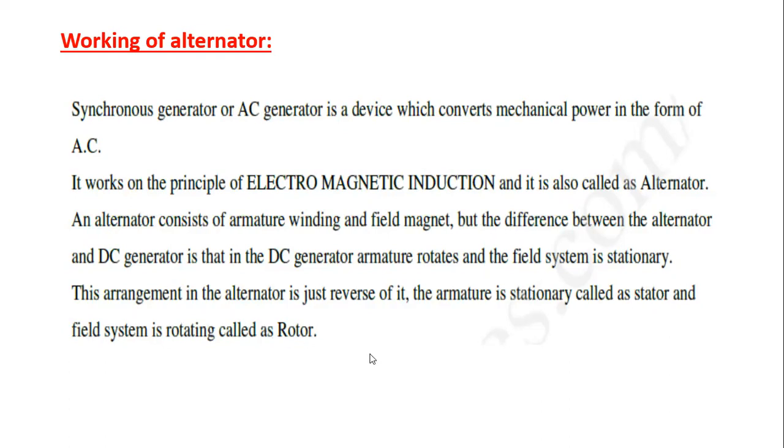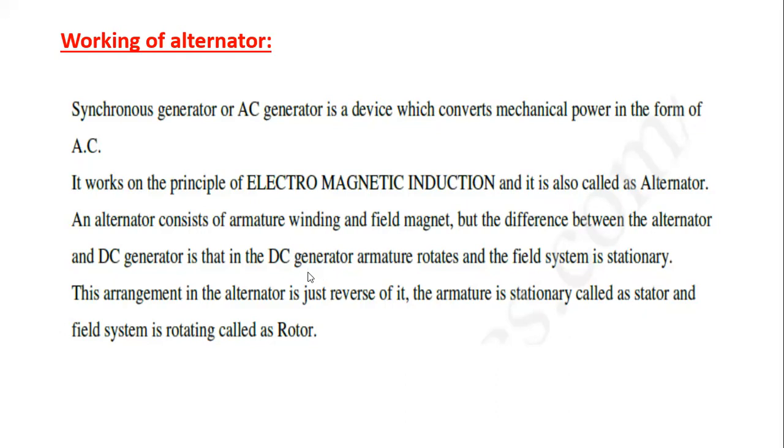Therefore, constructionally, the alternator has a stator and a rotor. Stator means the stationary armature, and the rotor carries the rotating magnetic field. That is the only difference between the DC generator and the alternator. What is the major difference?